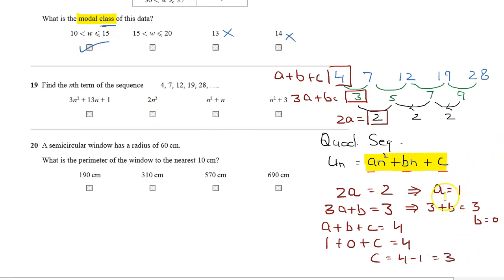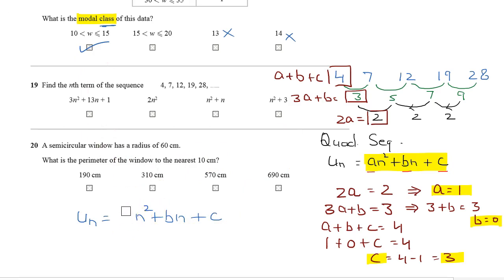So now we have a is equal to 1, b is equal to 0 and c is equal to 3. We are going to put these values in the nth term, which is equal to an square plus bn plus c.